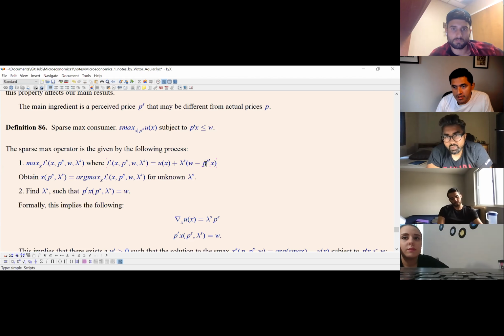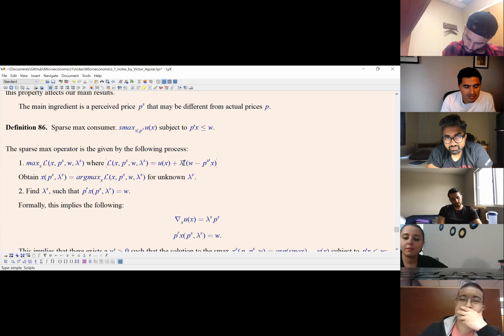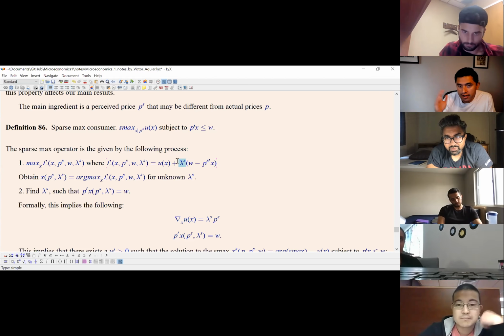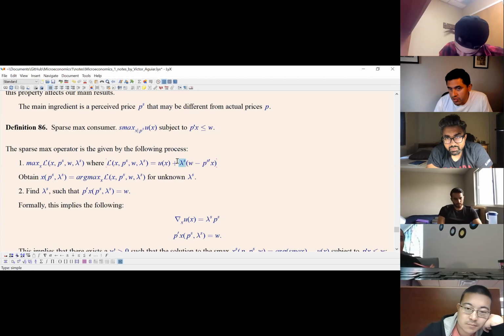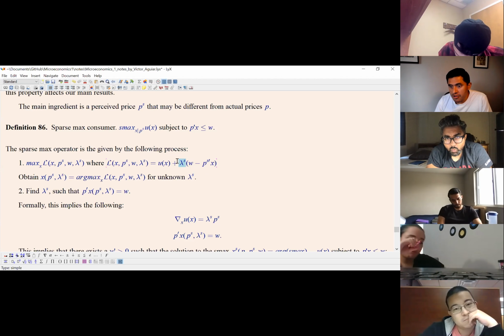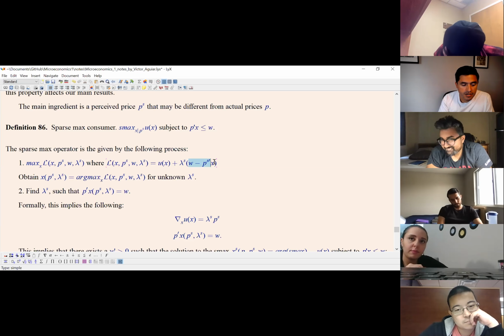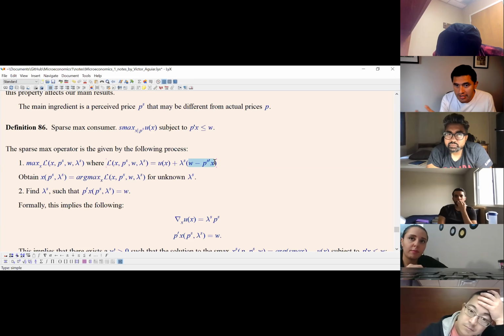Okay, good. So because of that, this is not a real Lagrangian. This lambda s here is no longer a variable, so it's not a Lagrange multiplier. This is just a positive variable that is going to serve as an adjustment later, okay? But this one here just maps the perceived utility that you have from spending, right?